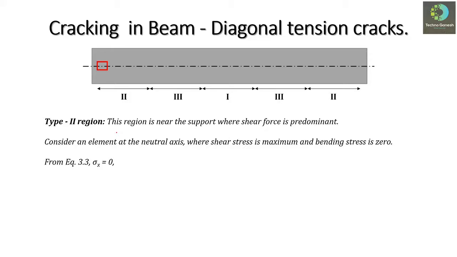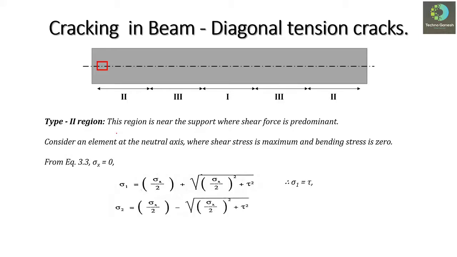If we put sigma x equal to 0, then sigma 1 will be equal to tau. And if we put sigma x equal to 0, then the principal compressive stress sigma 2 will be equal to minus tau, because sigma x is 0 and that term becomes 0.